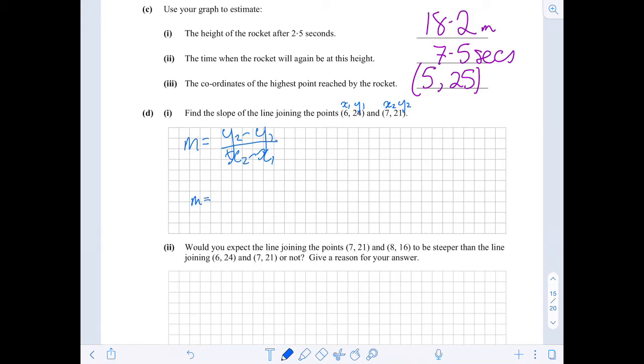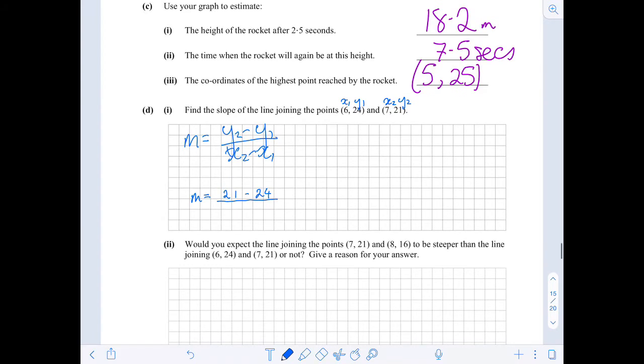So m will equal 21 minus 24 over 7 minus 6, which is equal to minus 3 all over 1, which is equal to minus 3. So the slope of the line joining 6, 24 to 7, 21 is minus 3.